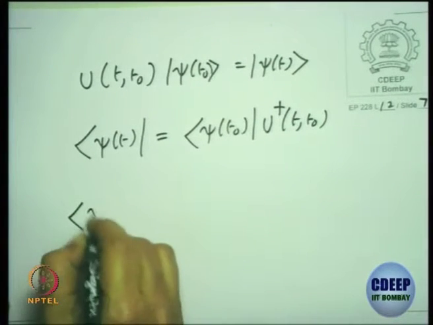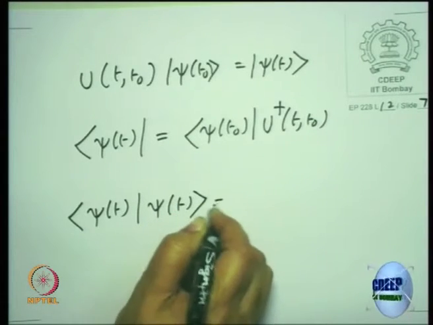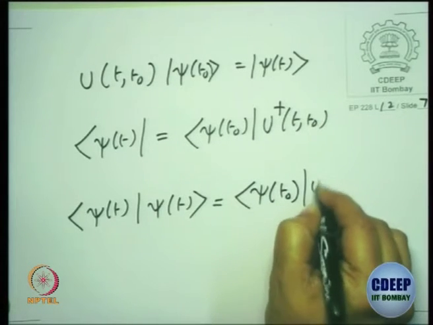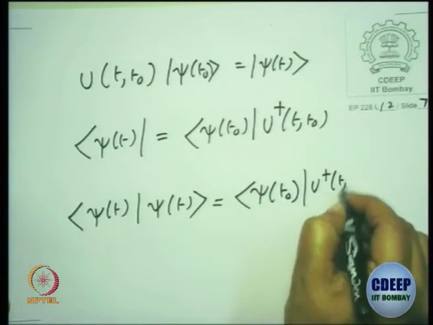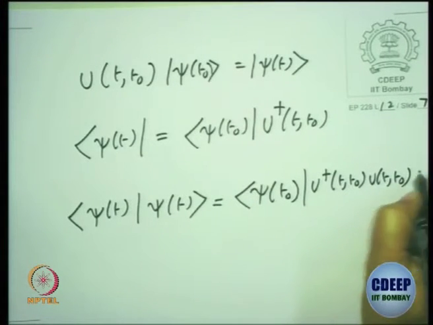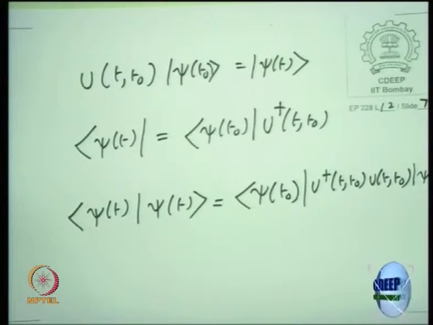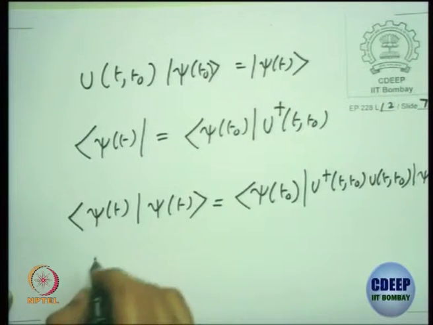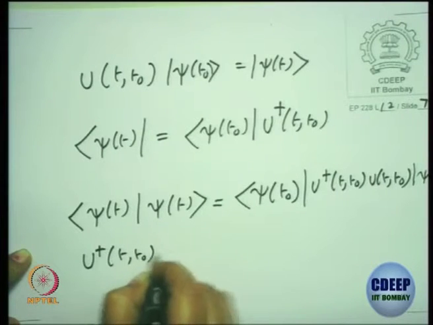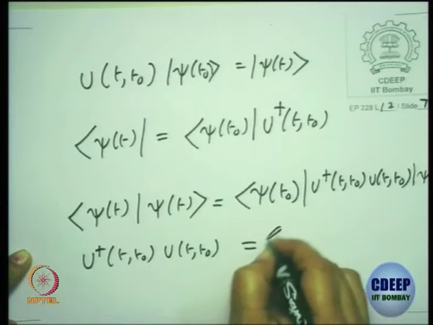So, the inner product of psi of t with psi of t is the same as psi of t naught with U dagger(t, t naught) U(t, t naught) psi of t naught, right? And U dagger U is going to be identity.